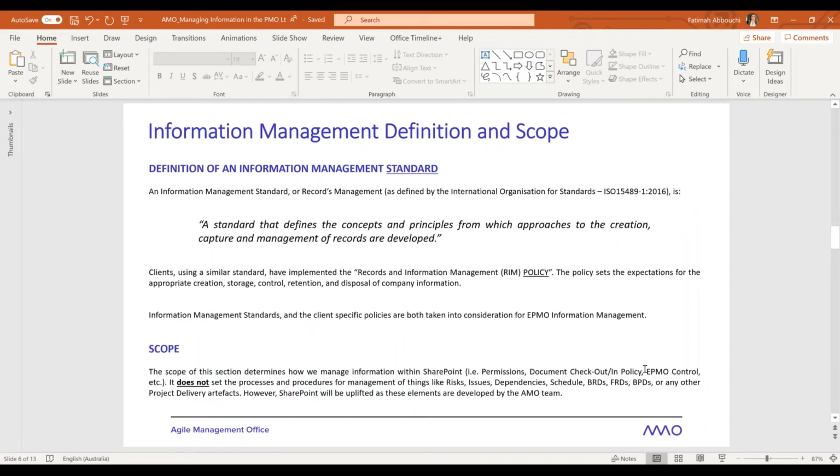When we think about information management, the definition itself is quite straightforward. Information management is all about making sure that there is a clear approach, a clear policy, a clear consensus on how information would be created, stored, controlled, retained, and then disposed of.